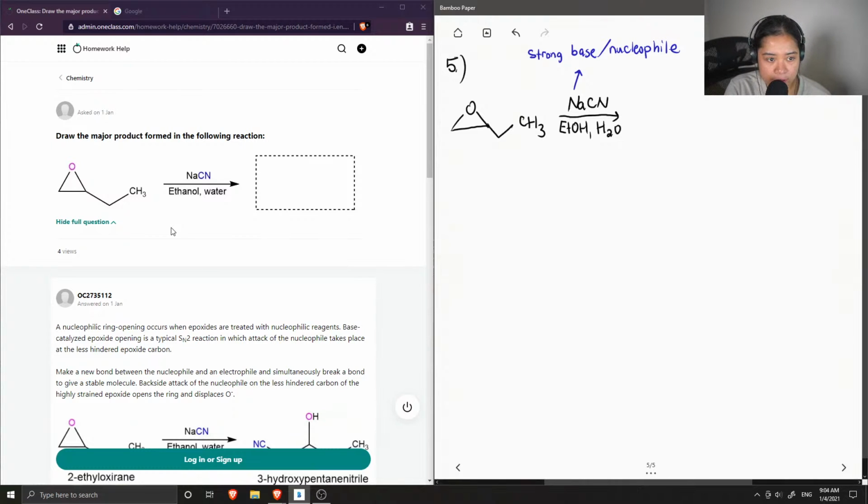If we are to draw out the mechanism, we have the cyanide ion coming in to open up the ring on the least sterically hindered side.